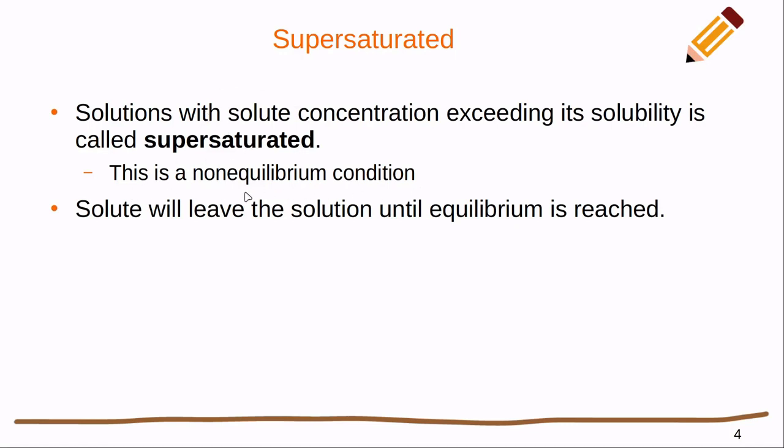But this is still a non-equilibrium condition. So just like before, where we would have had more solute going into solution, when we have a supersaturated solution, we're going to have the solute coming out of solution until it reaches that saturation point. So being supersaturated is not a stable condition.